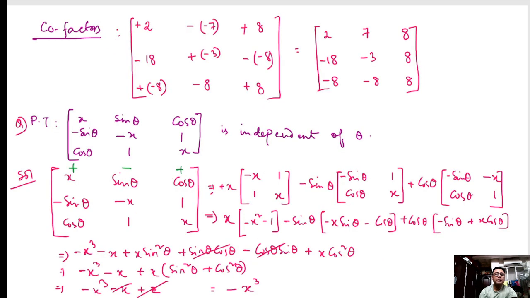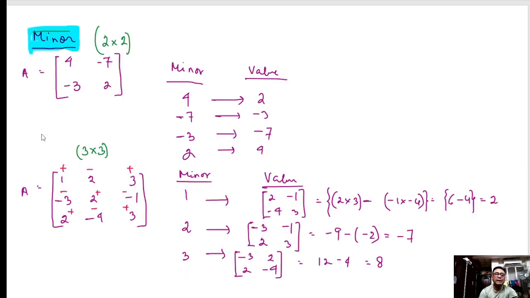Next important term is the cofactor. Once you can calculate the minors, then the other term is called the cofactor. So see, you have already chosen the minors. What are the minors? For 1 the minor was 2.